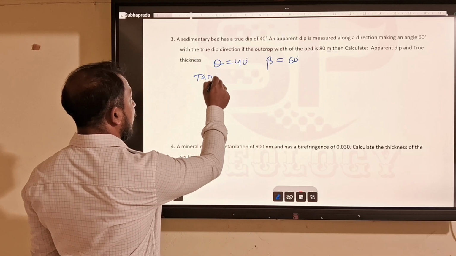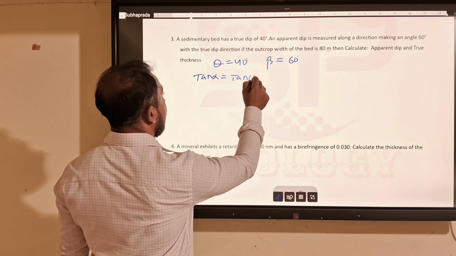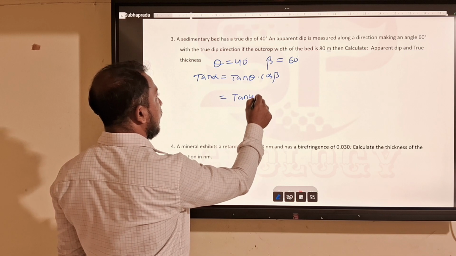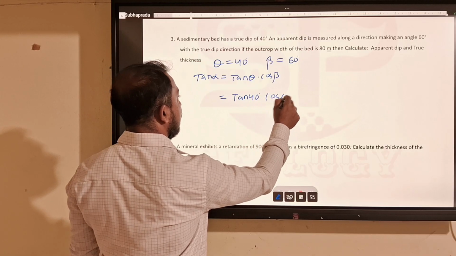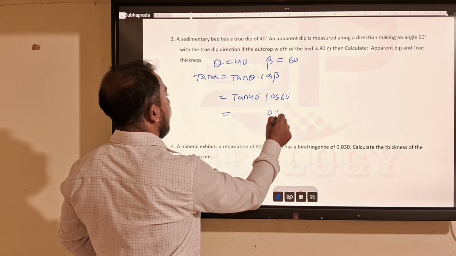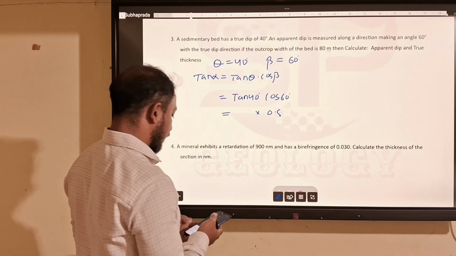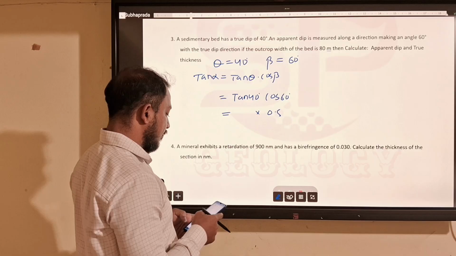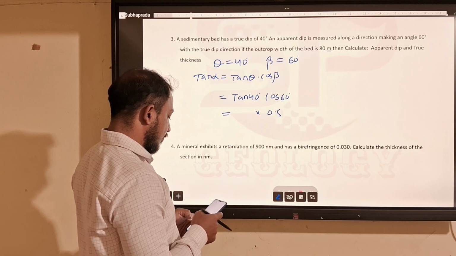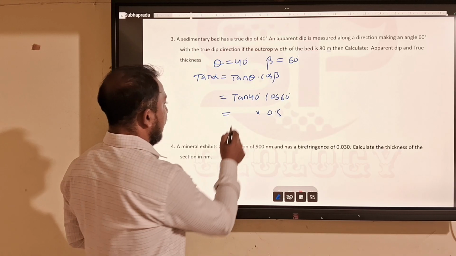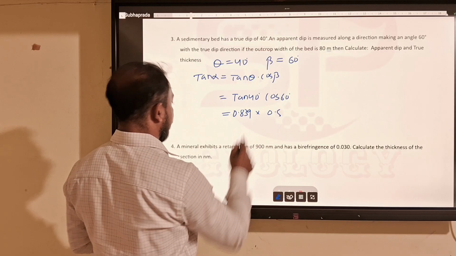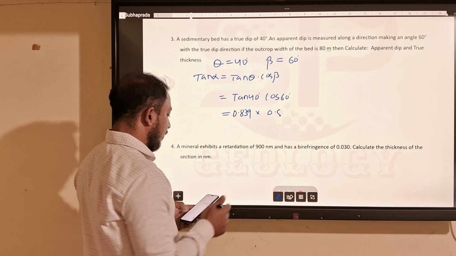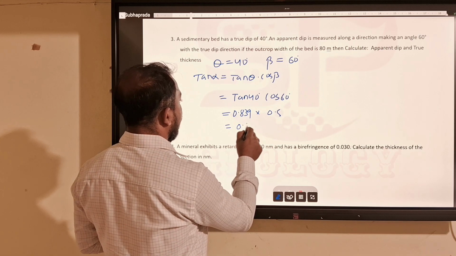Then tan alpha equals tan theta into cos beta. It will be tan 40 degrees into cos 60 degrees. So it will be 0.5 into tan 40. Tan 40 will be 0.839. 0.5 times that will be 0.419.